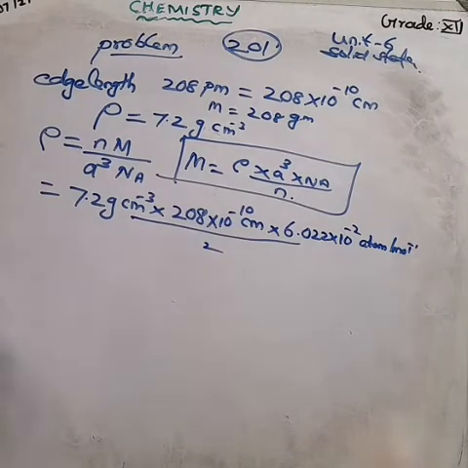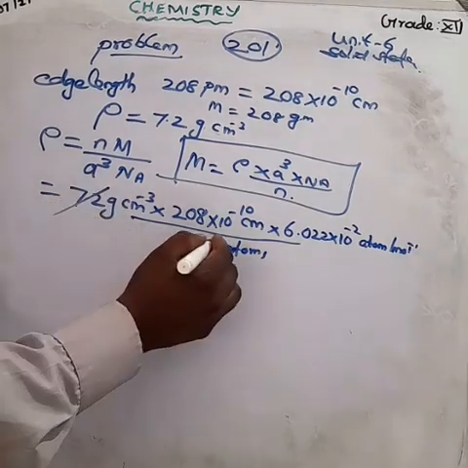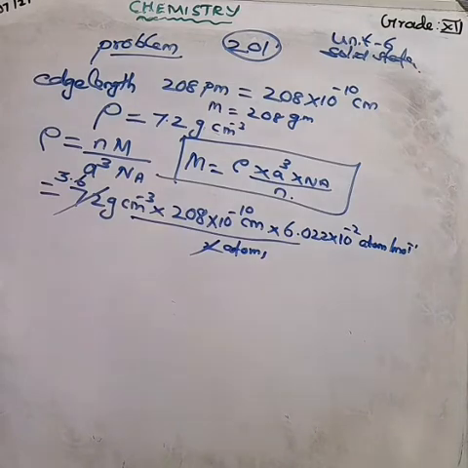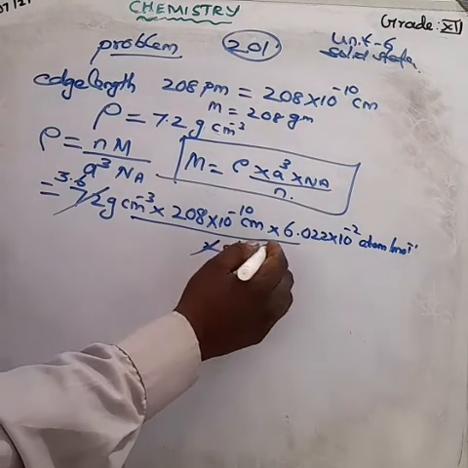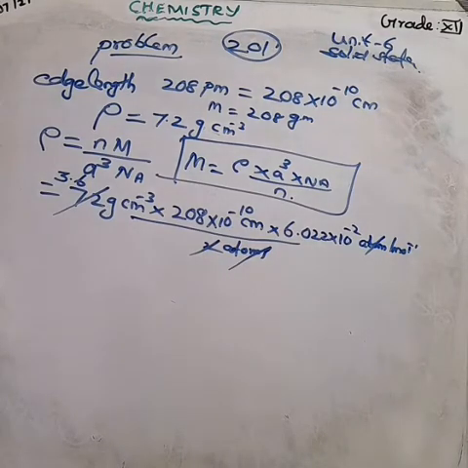Next, which are the possibilities for cancelling? 7.2 is cancelled by 3.6 and here also 2. You can cancel. Units, atoms can be cancelled. Next, any other possibility here?